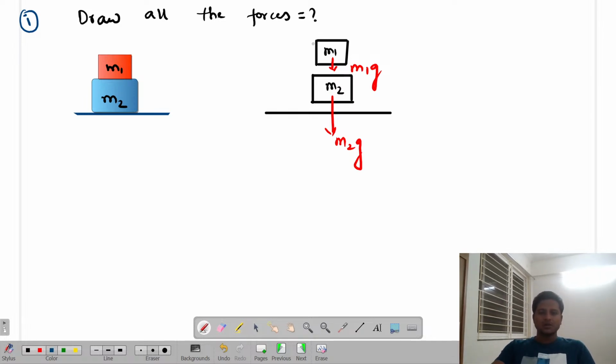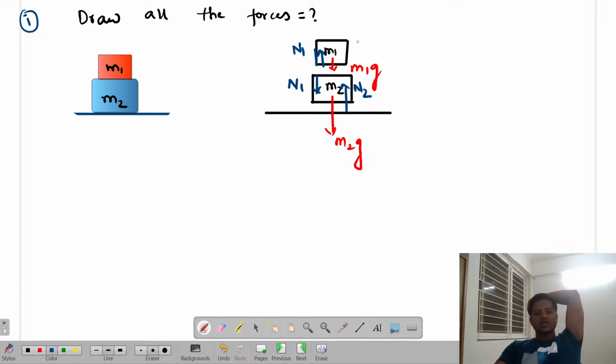From the m2 surface, I call this normal N1. For each normal there is an equal and opposite reaction, so N1 will also be present over here. On the lower surface there will be another N2. On the ground there is also an N2, but that is balanced over here.